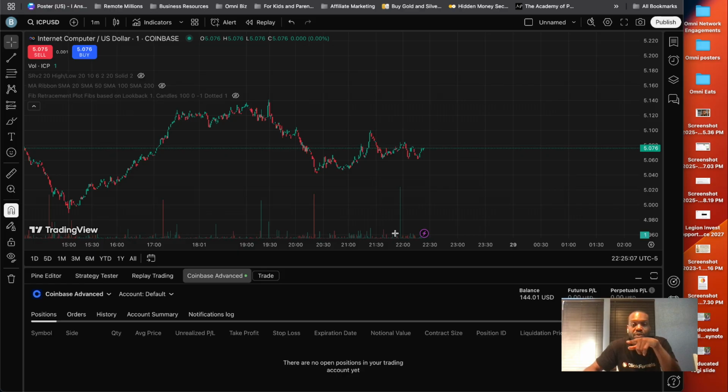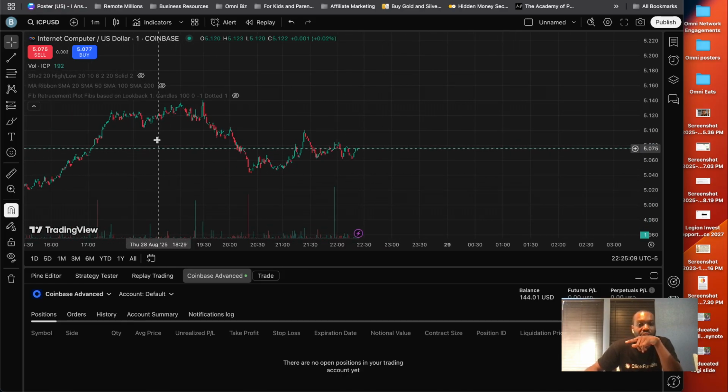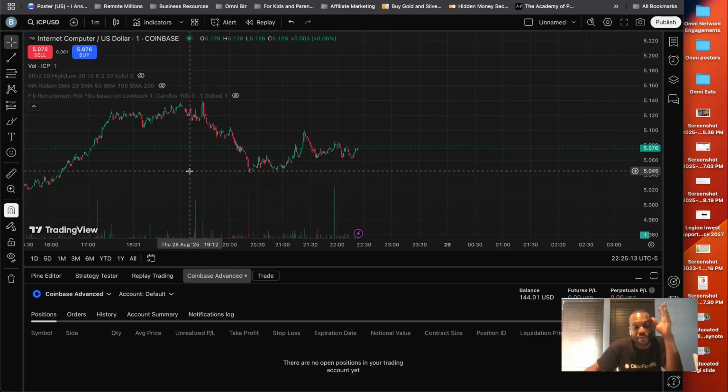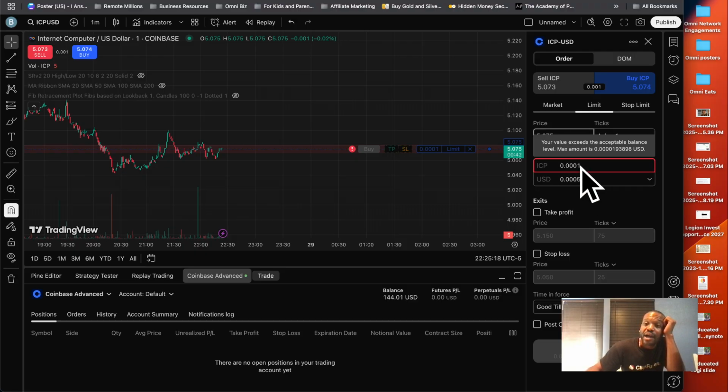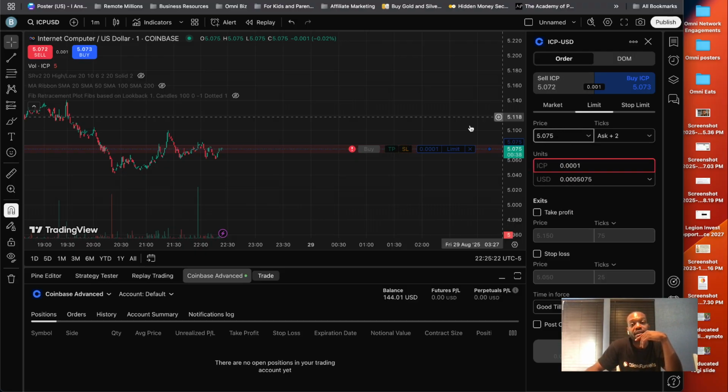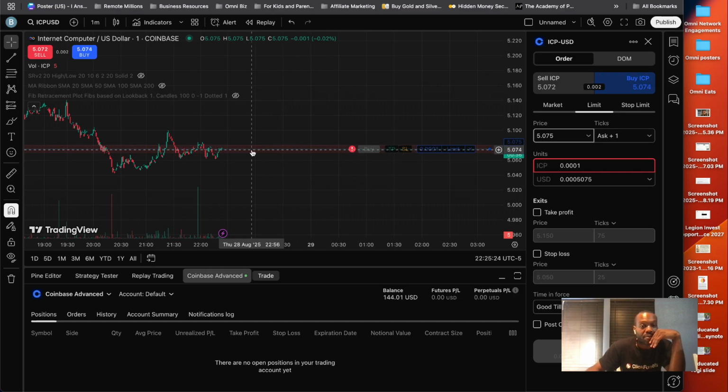So let's say this was what I wanted to trade, from up here down here. Let's say I just saw it and I'm like, man, I want to get in. I can hit this button right here, trade, and on the side is where we would be placing our trades. I would have to come in at some point and then exit at some point. I'm gonna go over this another time, okay?